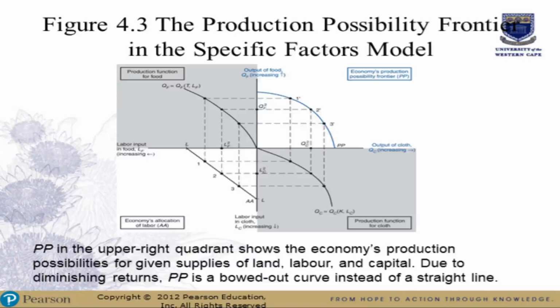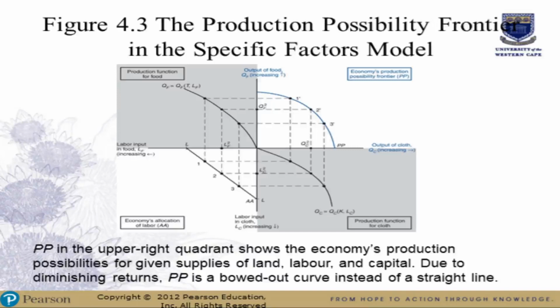Therefore, with full employment of all the available labor, an increase in employment in one sector implies a decrease in labor in the other sector. Thus, the labor allocation curve slopes downwards at a 45-degree angle.